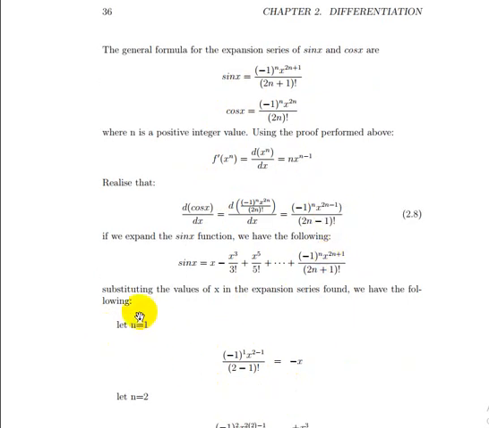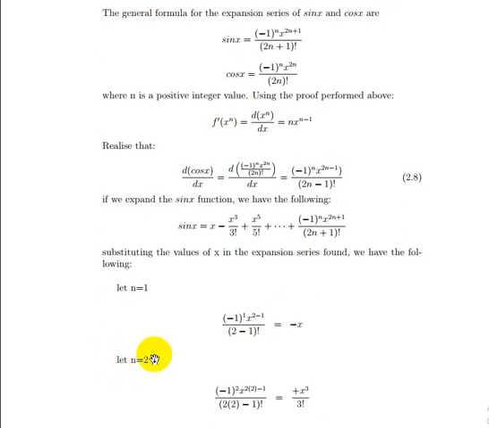So the first term is when n is equal to 1. When I substitute n equals 1, I'm going to have the first term, and that first term is going to be negative x instead. Now the next term, n equals 2, is plus x cubed all over 3 factorial.